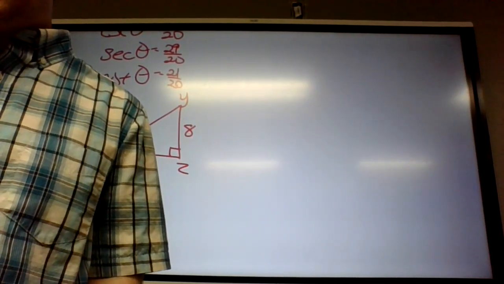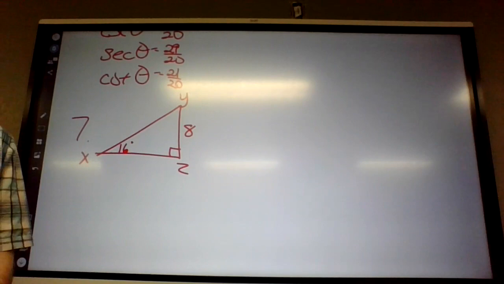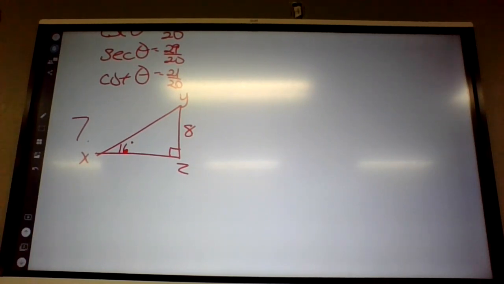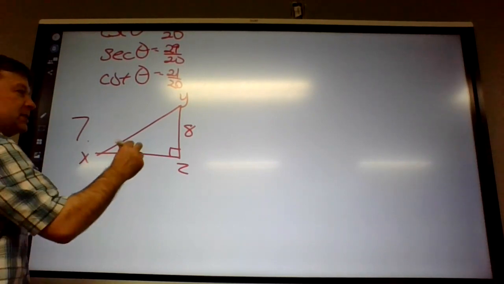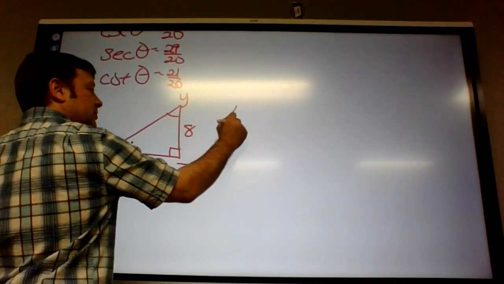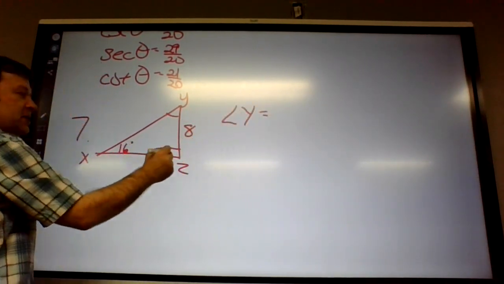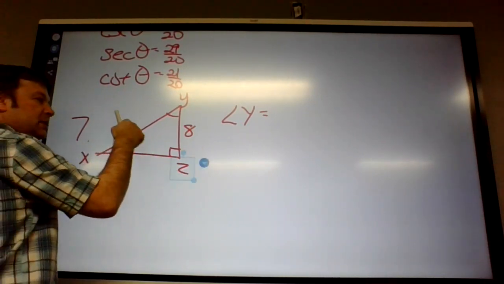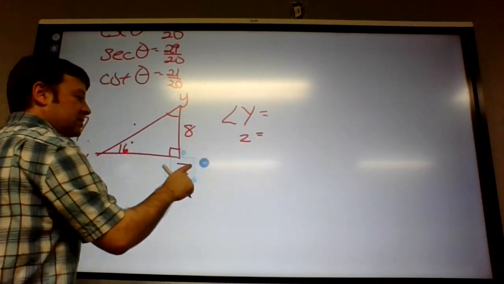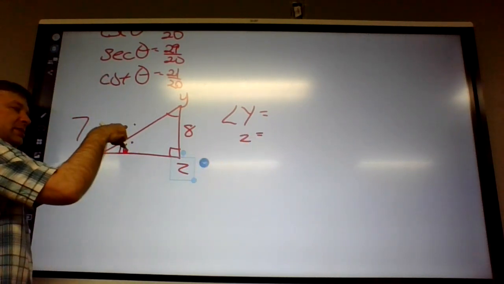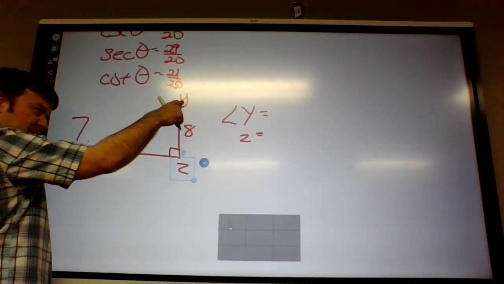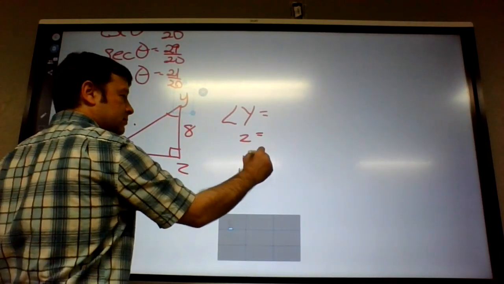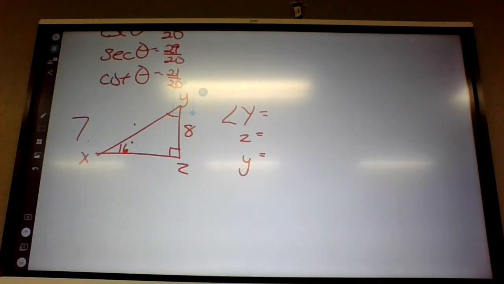Okay, solve the right triangle. What does it mean, solve the right triangle? Find the missing stuff. What are we missing? Well, we're missing angle Y. We're missing side. What would I call this side? Z. Okay. The angle is capital Z. The side is little z. Angle Y, side Y. Can I do this problem?